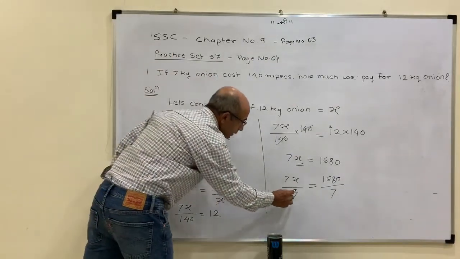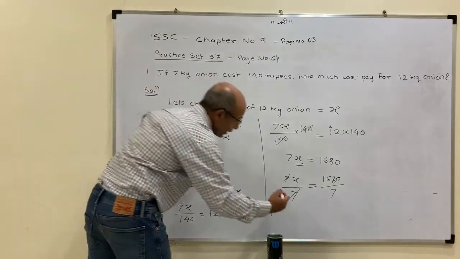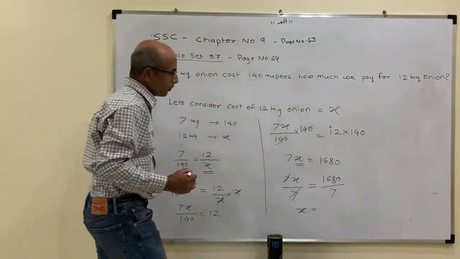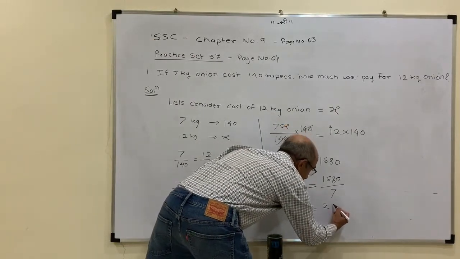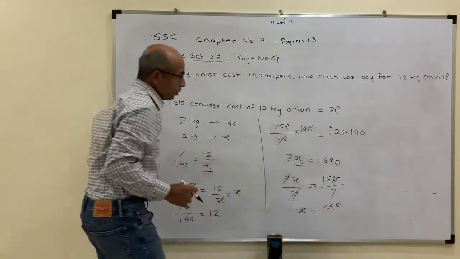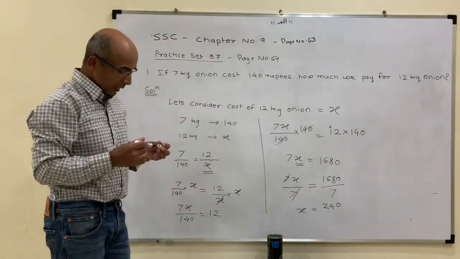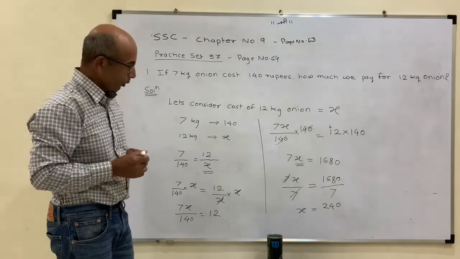So now 7 is gone. So now x equals 1680 divided by 7. 7 2s are 14, 7 4s are 28, and then 0. So 1680 divided by 7 comes out to be 240.